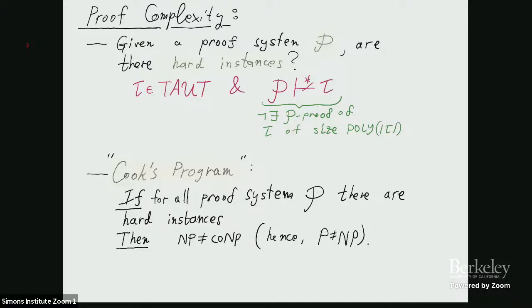But definitely this undertones, and this is the ideal behind proof complexity. It is the following: if for all proof systems P there are hard instances, then NP is unequal to co-NP, and also P is unequal to NP. So in some limit ideal case, it means that proof complexity is taking us step by step towards P versus NP in this sense.